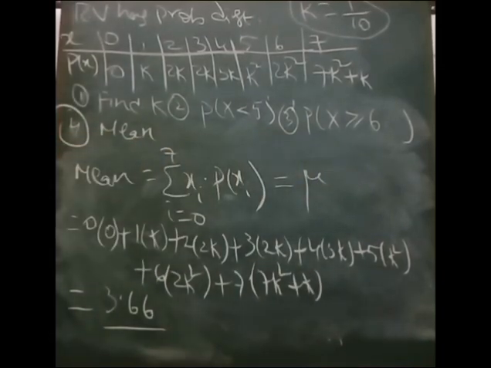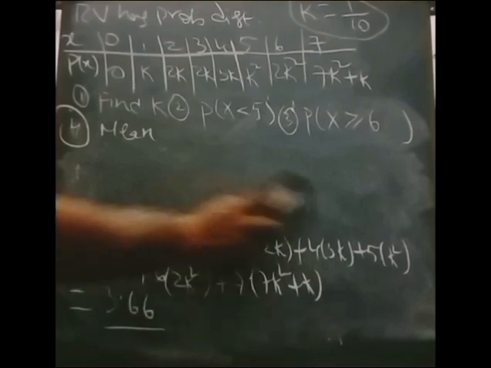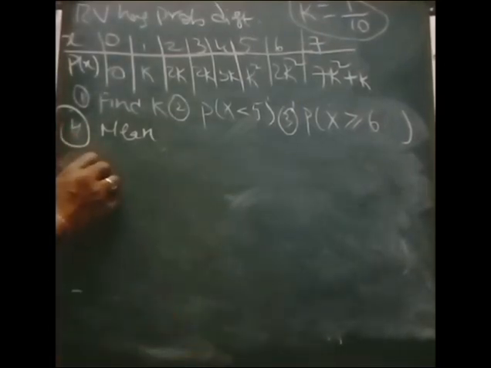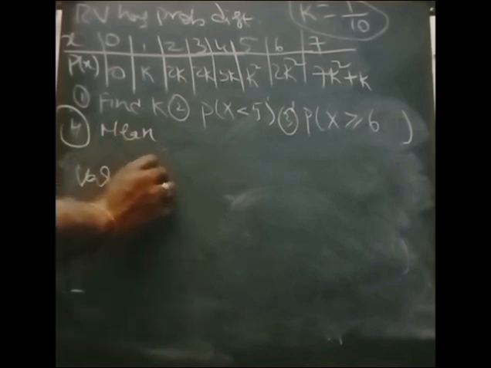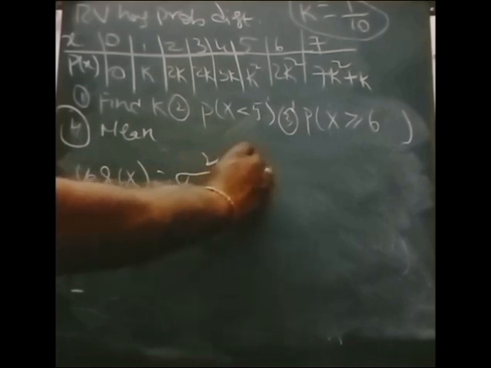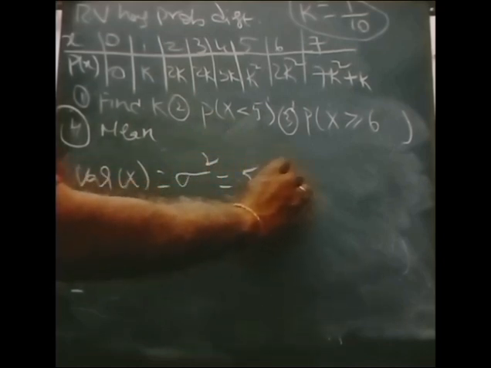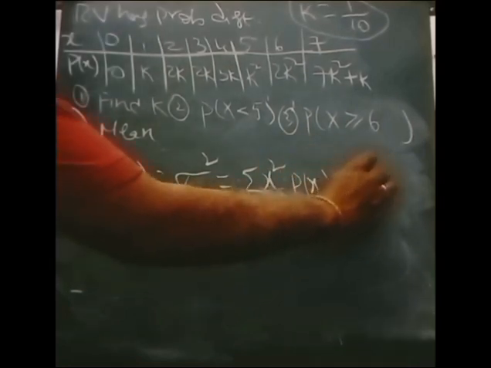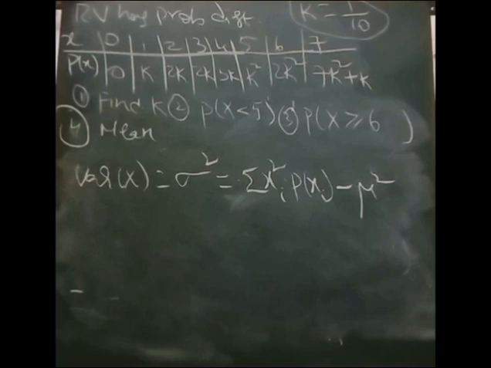Once we are able to find the mean of a given random variable, we can also determine the variance of the random variable x, which is denoted by sigma square and is given by the formula sigma xi square into p of xi minus mean square. Mean square means mu square.